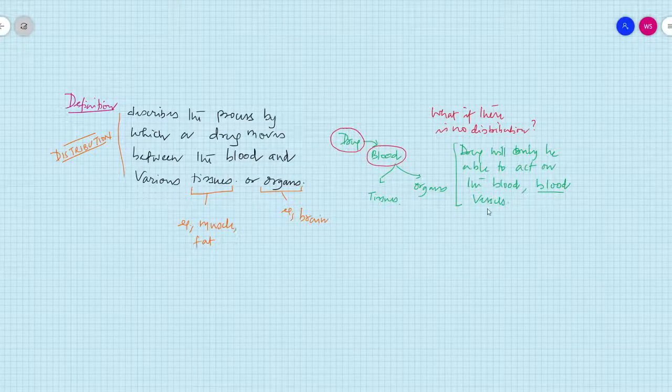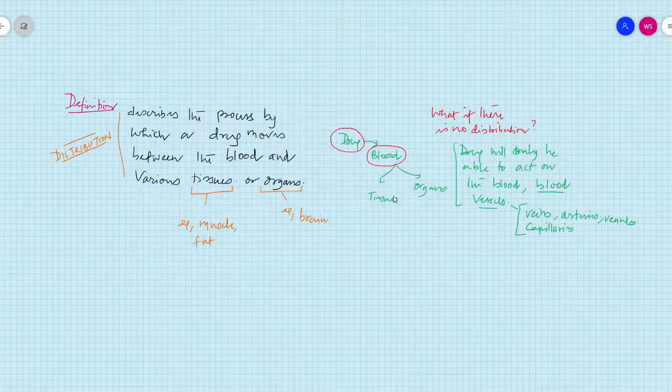Which blood vessels are we talking about? It can be the veins or the capillaries or the arteries, or the venules. So if there is no distribution, it would act only on the blood. It wouldn't be going to the tissues and organs.